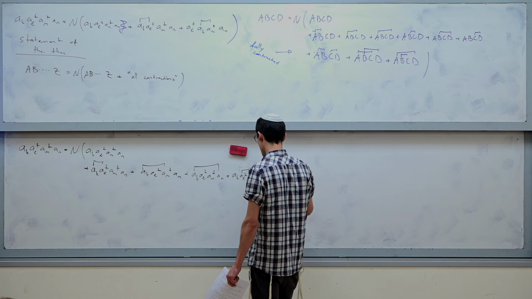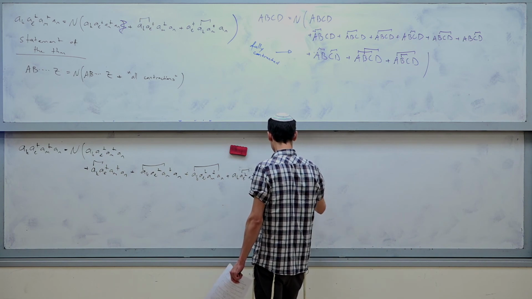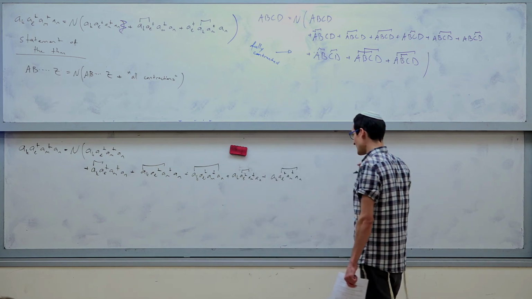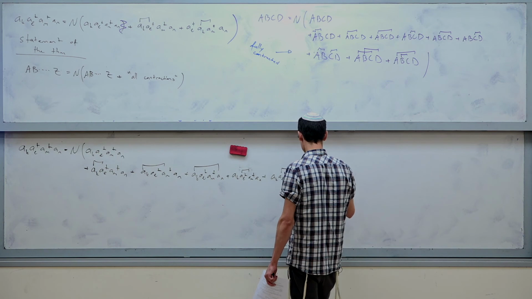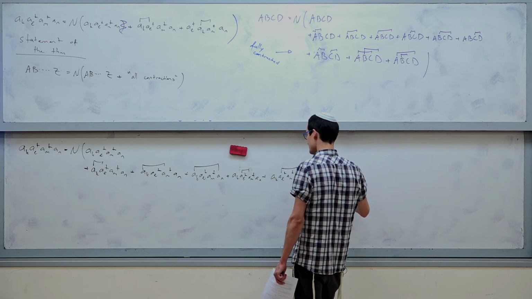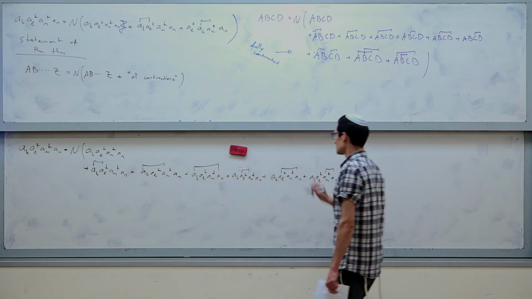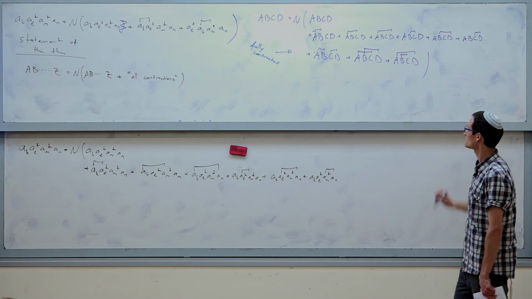I can contract the second and the fourth. And I can contract the third and the fourth. That's 6, very good.